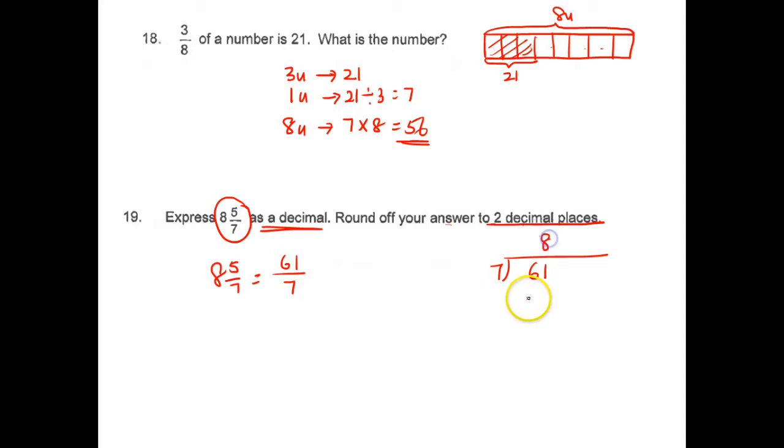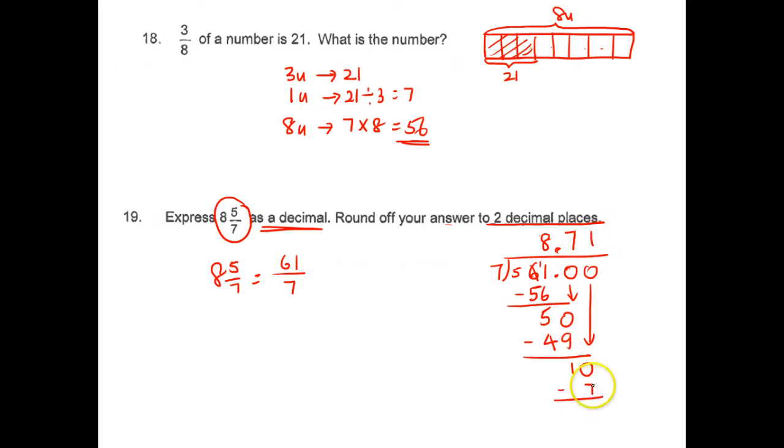8 times 7, 56. 5. I bring down the 0. 7 times 7 is 49. 1 times 7 is 7, 10 minus 7 is 3.